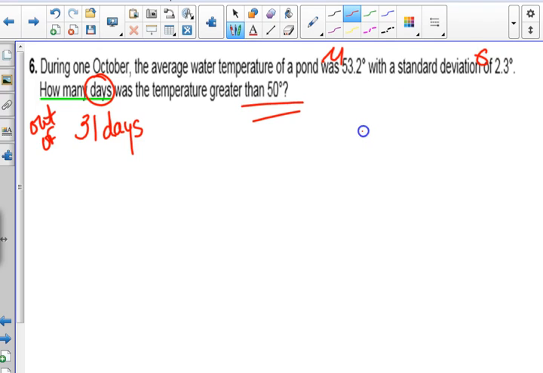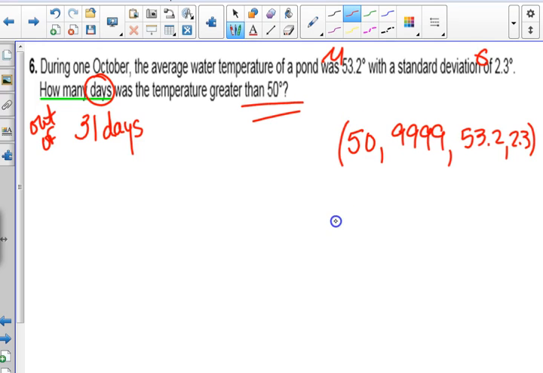Yep. In my book, yes, we can just do this and it will be just fine. Times 31 days.